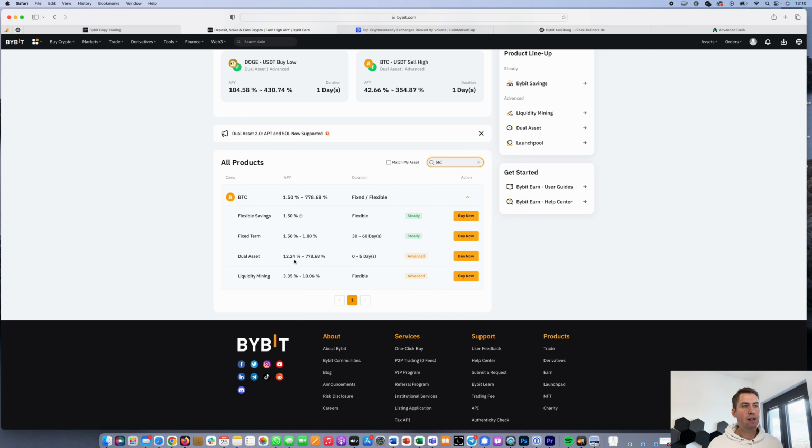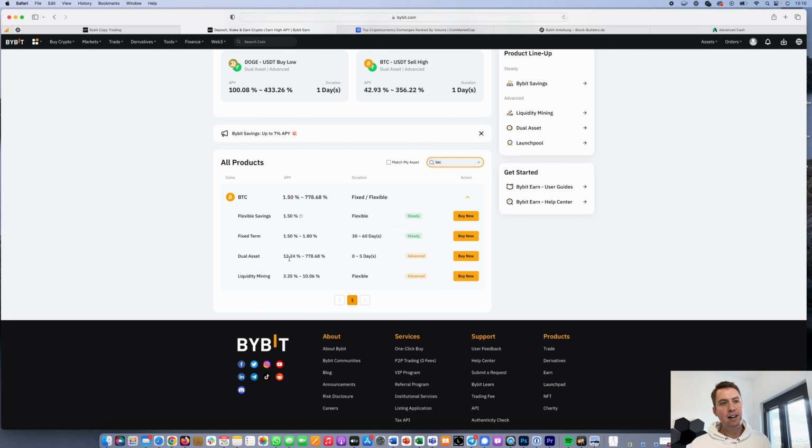And then they have something that they call dual assets. It looks very attractive here. However, I can promise you won't make 700% here, because it's more like an option play, and they promise you money, but you never know what currency you will get paid in.